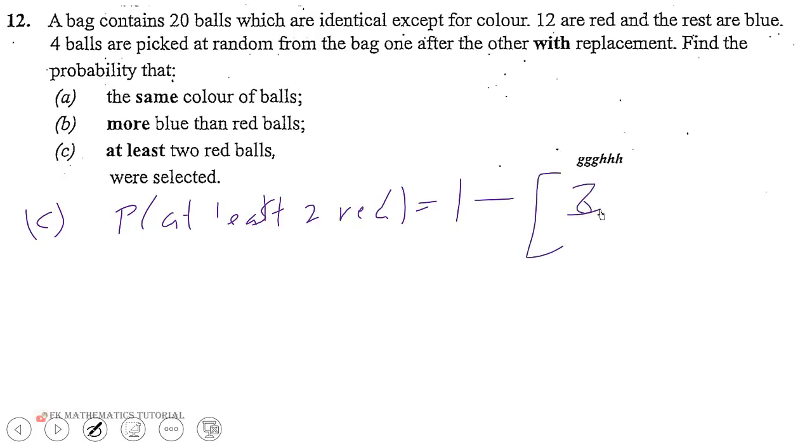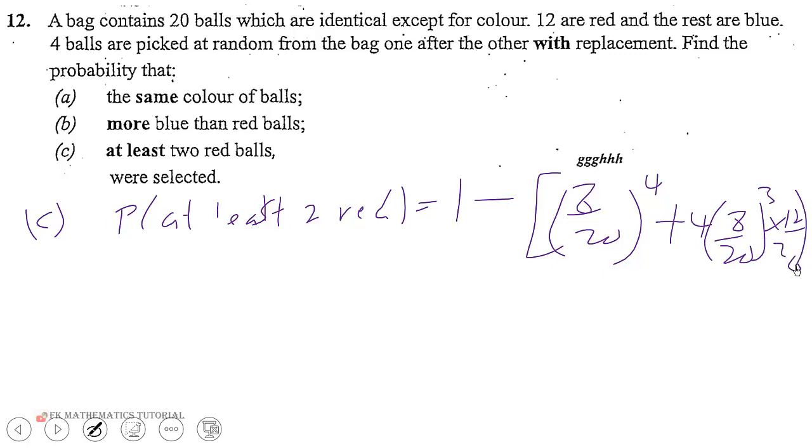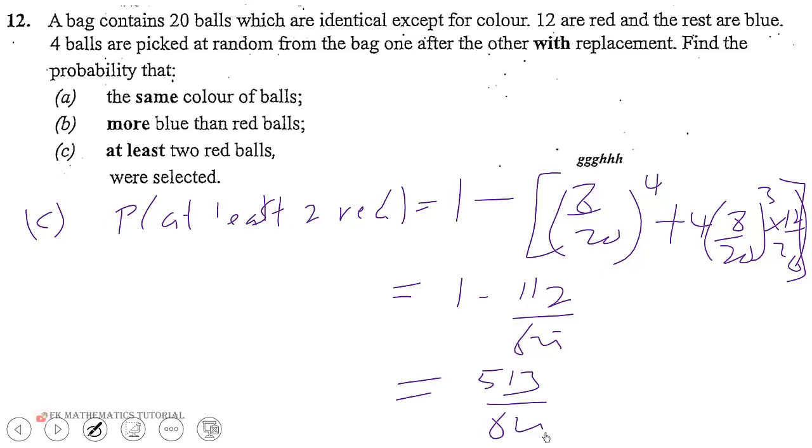So 8 over 20 exponent 4 plus 4 times 8 over 20 cubed times 12 over 20. So this will be equal to 1 minus 112 over 625, and that is equal to 513 over 625.